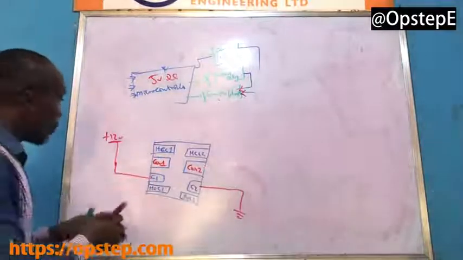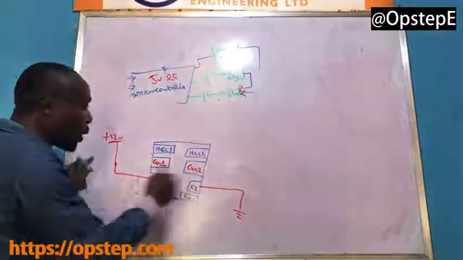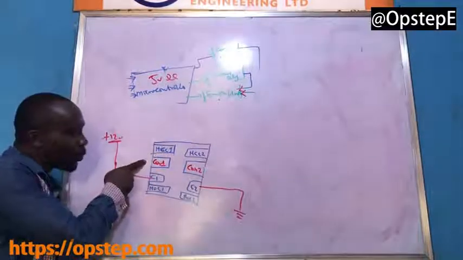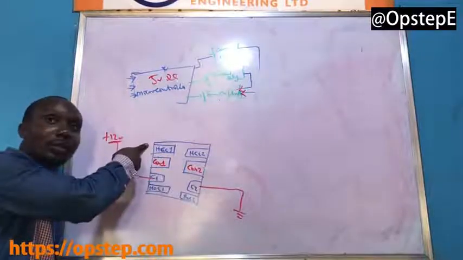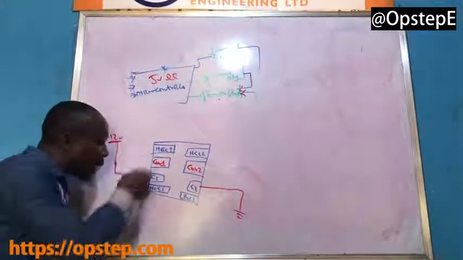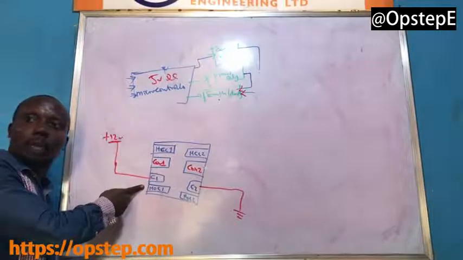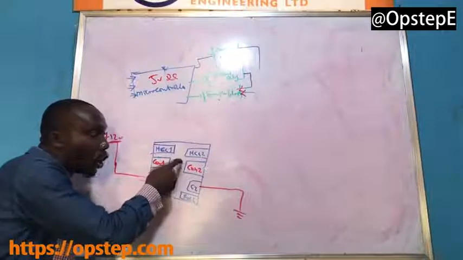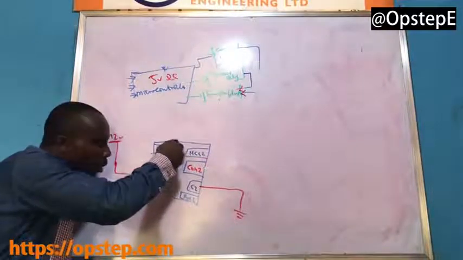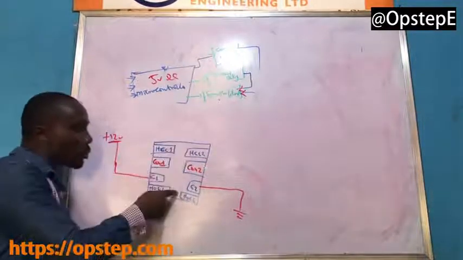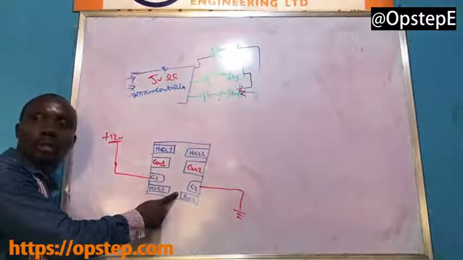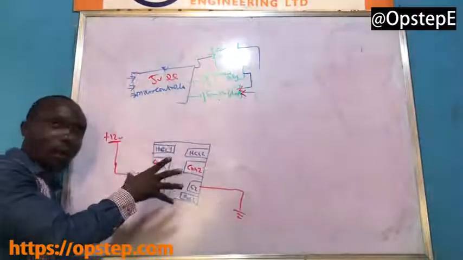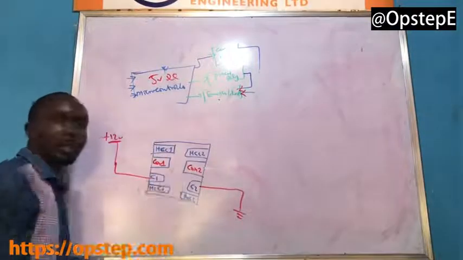So, the moment you apply coil voltage to coil 1 and coil 2, what happens is that your common that was formerly connected to the normally close contact of 1 leaves here and will be connected to normally open contact. This one too, the common that was formerly connected to this place, to the normally close contact 2, begins to make connection with normally close contact 1. Are you seeing? So every time you apply coil voltage, this side connects, this side connects.